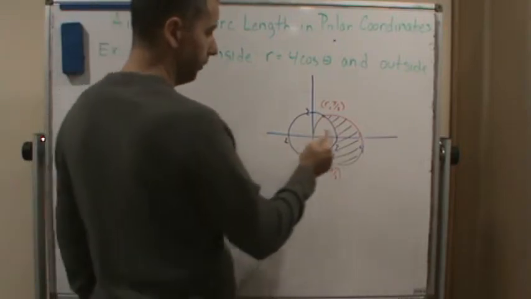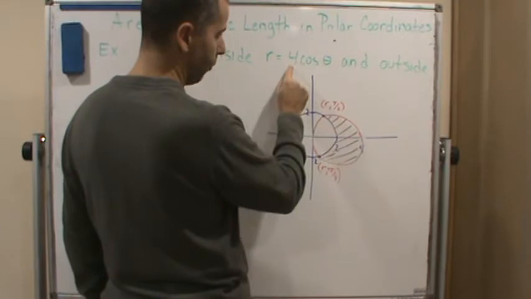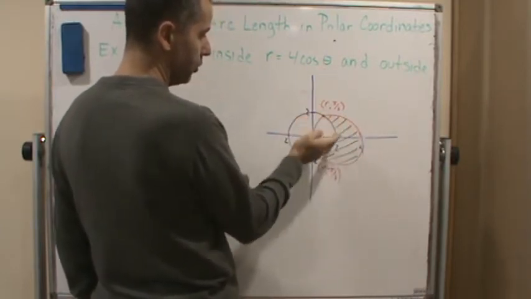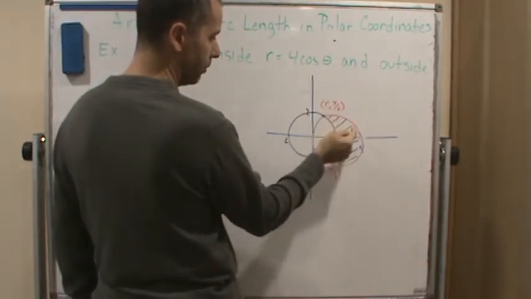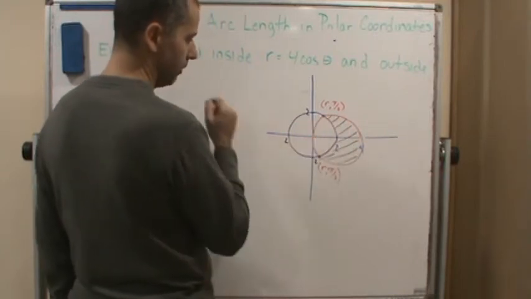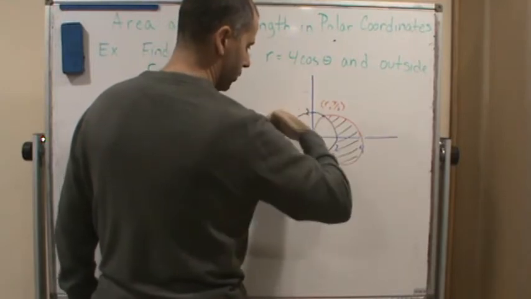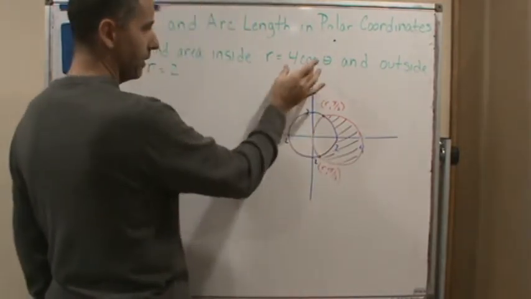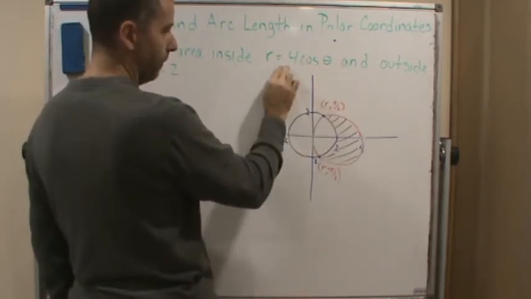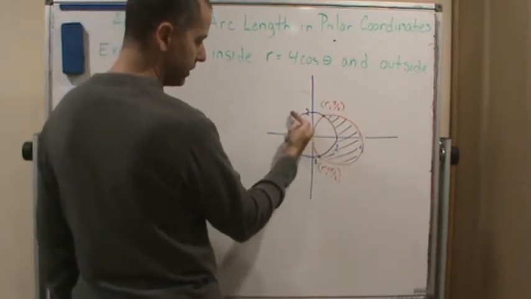So when you go from 0, its cosine is 1, so it starts at 4 times 1, which is 4. Then as you go from 0 to 90 degrees, the radius goes from 4 to 0. From pi over 2 to pi, this becomes negative and goes from 0 to -4, so the radius is flipping.